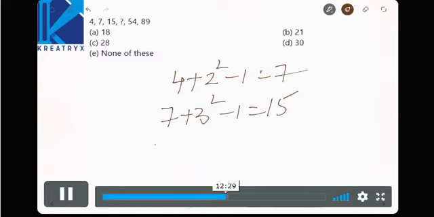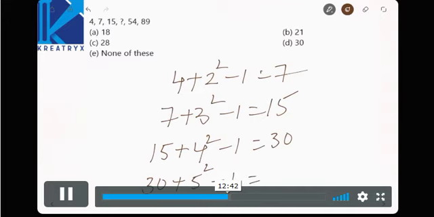Now see here, 15 plus 4 square minus 1. So that will be the answer, 30. Your next number must also match, right? 30 plus 5 square, 25 minus 1, that will lead you to 54. Yes, your series is correct. So the answer is 30.